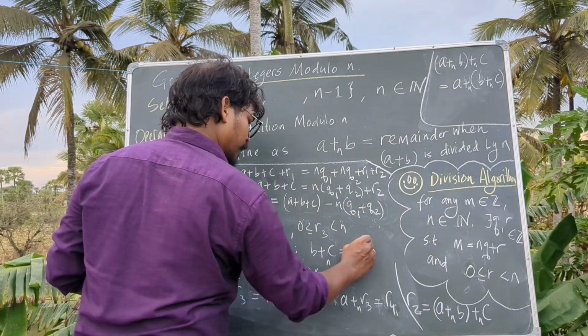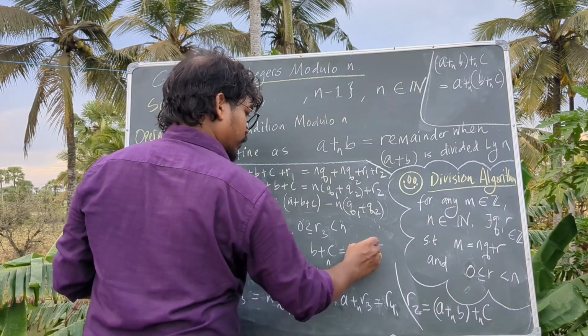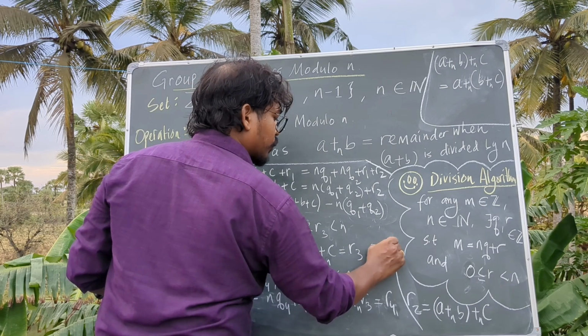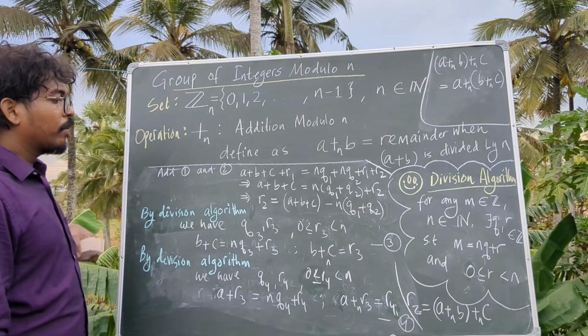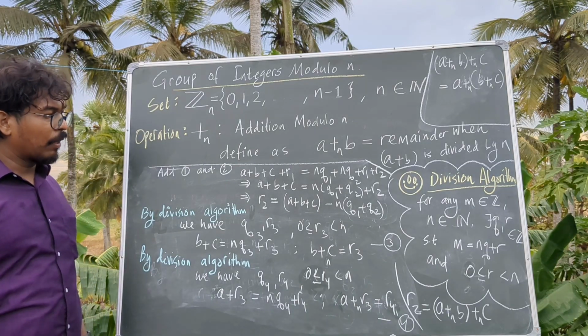Let us give this equation the name 3 and this equation is 4. Pause the video to note. I will erase.